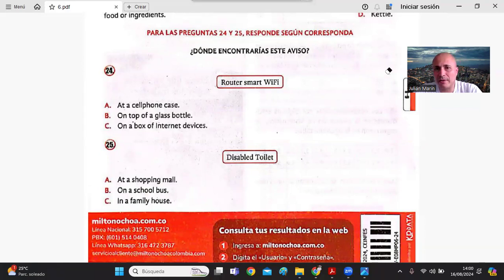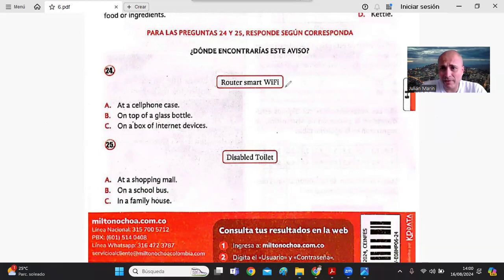The context. Where can we find these specific labels? So over here in 24, the label says router smart Wi-Fi. So what is a router smart Wi-Fi? A router is a machine, an electronic artifact that amplifies the signal of wireless internet connection.